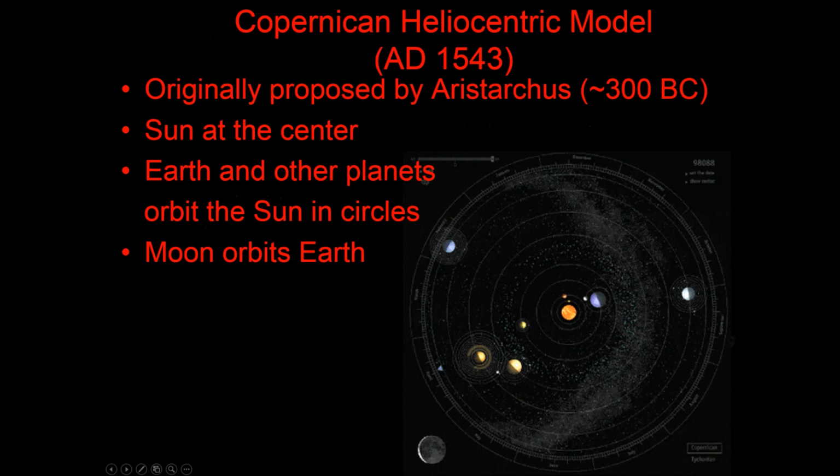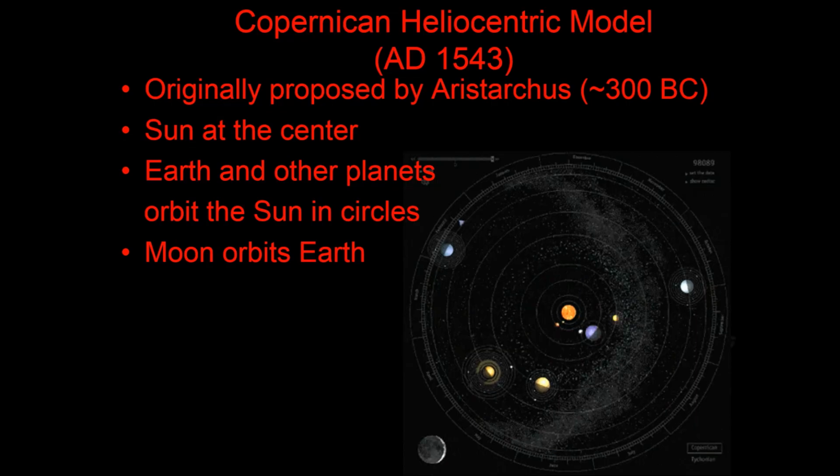There was then the Copernican model, the heliocentric model that came along. Copernicus often gets credit with having originated this model. He didn't really originate it so much as champion it and publish it in a very controversial paper at the time. But the idea of a heliocentric system goes back much further, and Aristarchus actually proposed this idea back in 300 BC, that maybe the Sun was the center of the solar system and not the Earth.